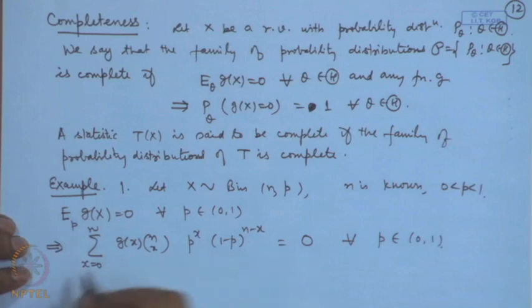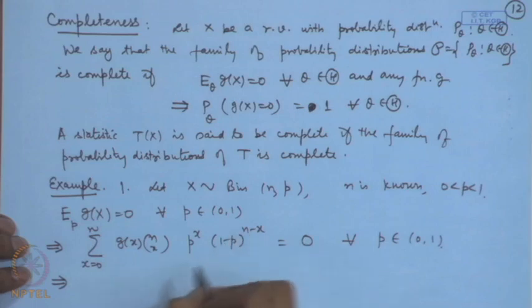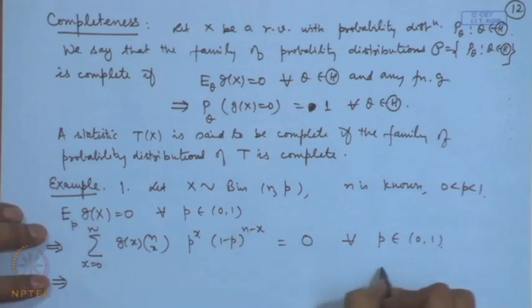Now, this we can also write as, see, (1 - p)^n we can cancel out on both the sides, and let us write s equal to p divided by 1 - p. So, this will be any positive term.